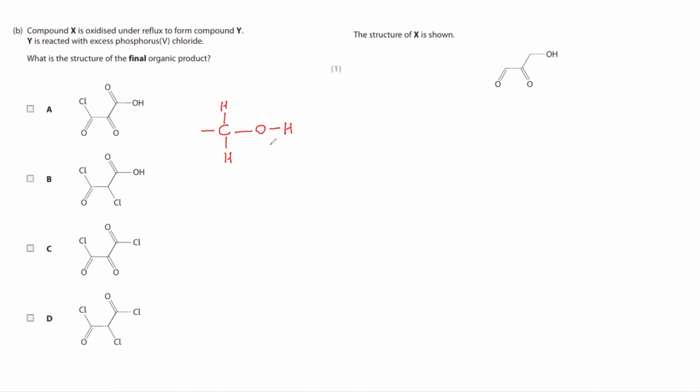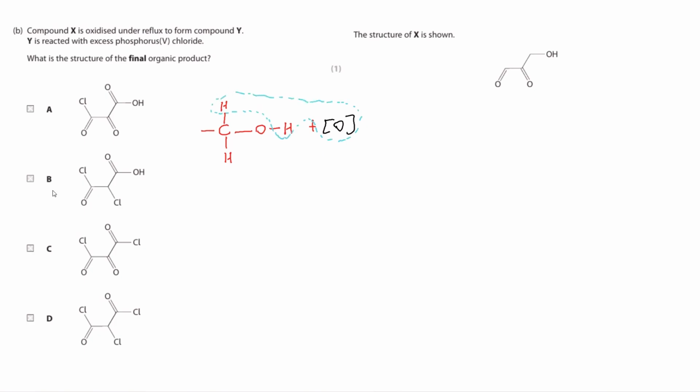Oxidation means you add acidified potassium dichromate. When you add it, simply what happens is it will add an oxygen atom. This oxygen atom is first going to grab these two hydrogens and form a water molecule.